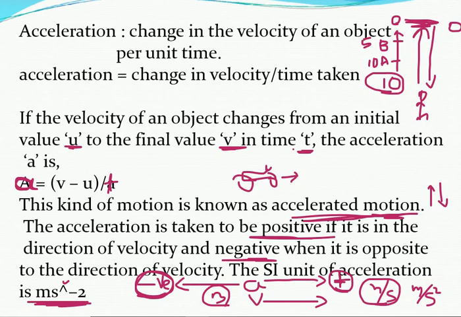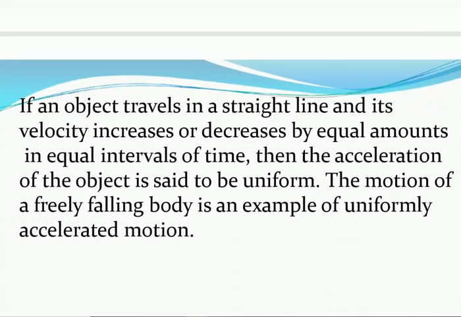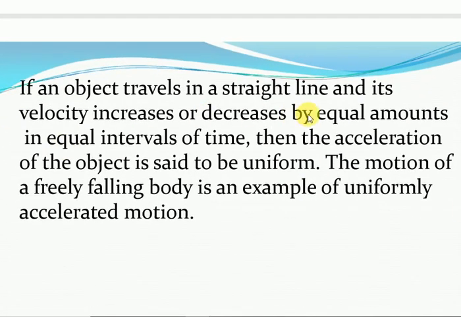Now, if an object travels in a straight line and its velocity increases or decreases by equal amounts in equal intervals of time. See here, earlier we were talking about equal interval of distance or equal interval of displacement with equal interval of time in case of which motion? In case of uniform motion.